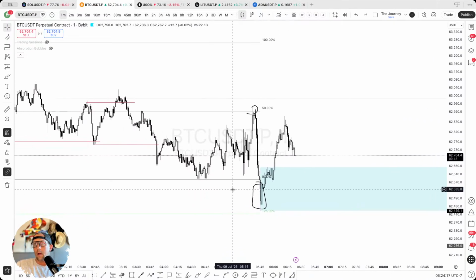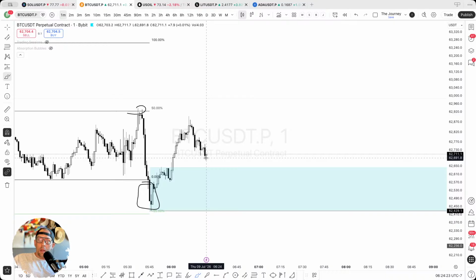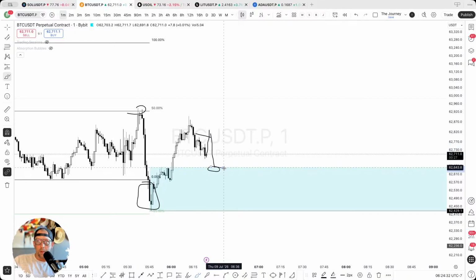I'm more than happy to see it come. Here's what I don't want to see. I would prefer not to see it come up and start cutting off liquidity prior to coming down for the limit longs.